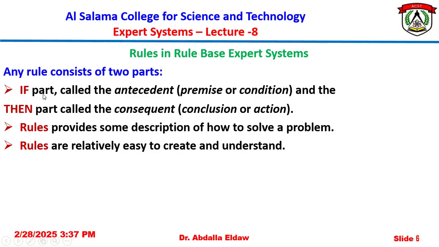As I said, in a normal programming language like Java, there is an if condition, and then there is the answer to that condition. The then part is called the consequent, conclusion or action. That means the consequent is built into the then part, the then statement.